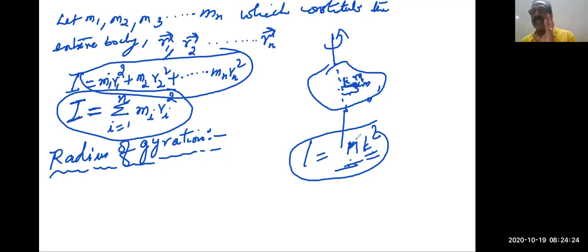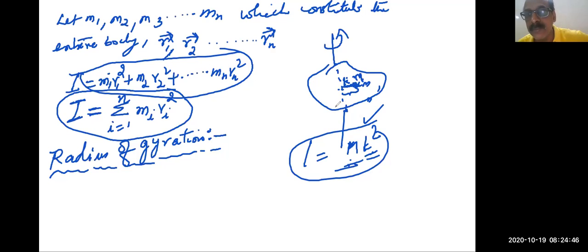So radius of gyration is the perpendicular distance of the center of mass from the axis of rotation, with which the moment of inertia of the body calculated is equal to the moment of inertia of the entire body calculated as the sum of moment of inertia of individual particles.